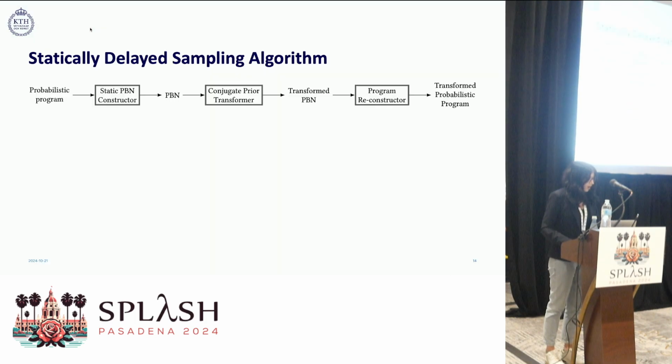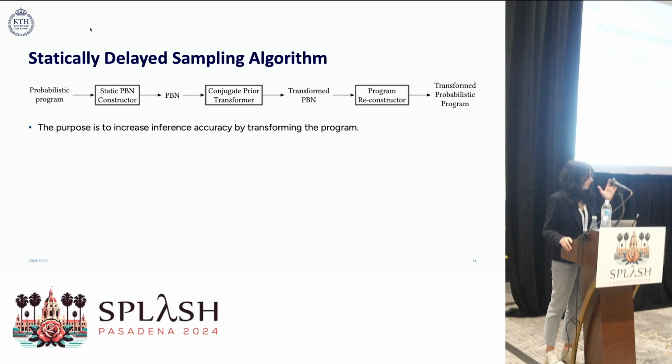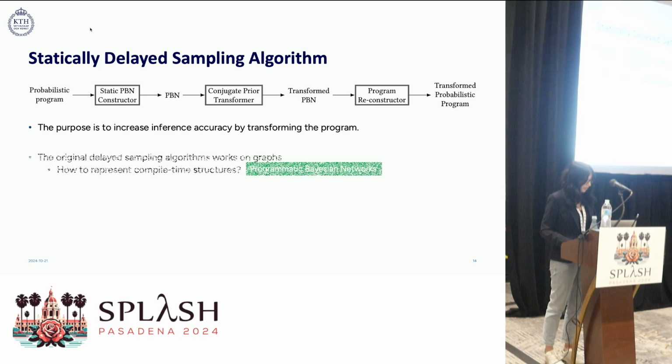So our approach, this is the pipeline for it, but simply the purpose is, given a probabilistic program, at the end we have a transformed program, and the difference is that the inference accuracy is increased if we run the inference on these transformed probabilistic programs.